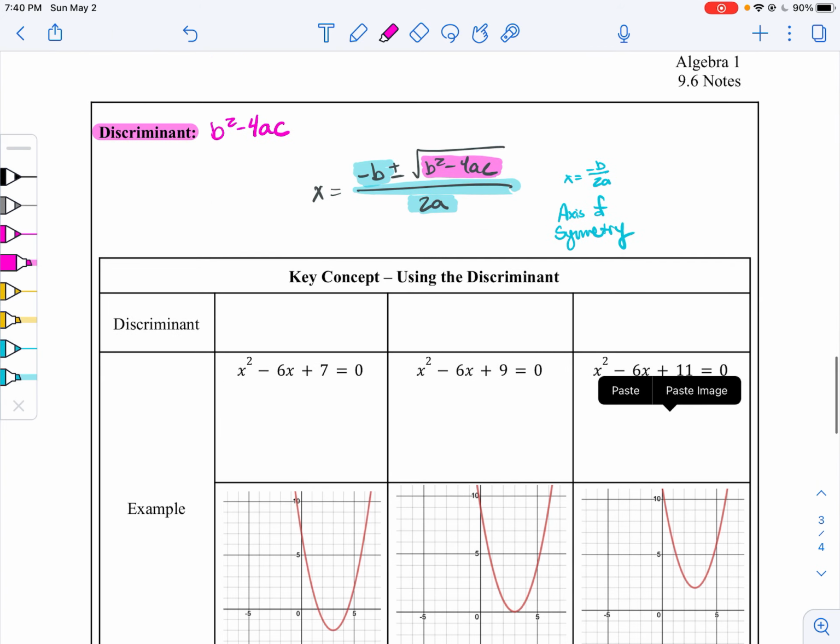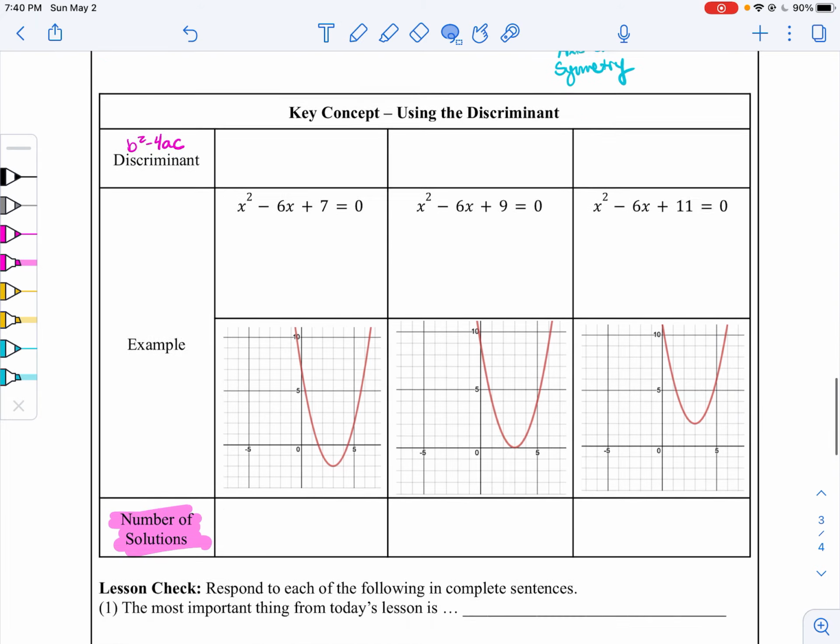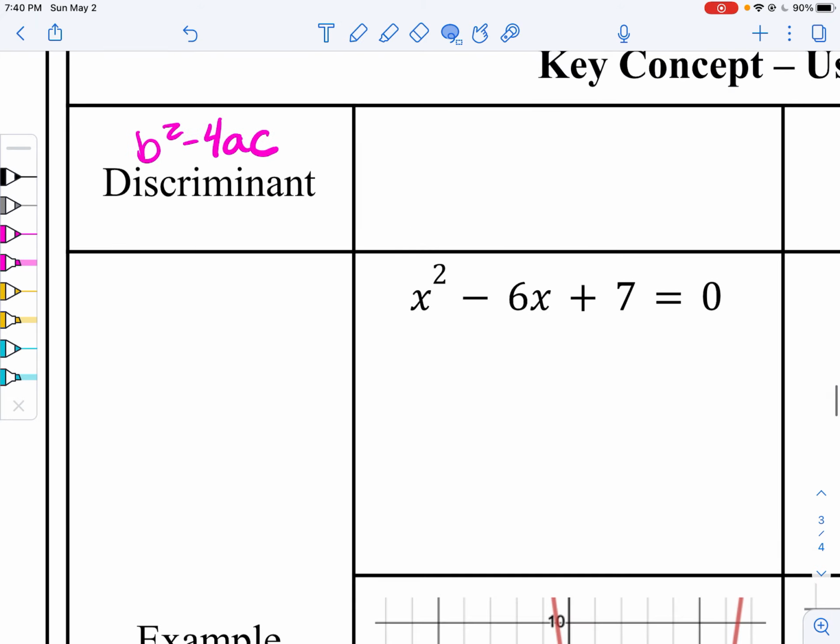Okay. So in each of these, we're going to figure out what is the discriminant and then how many solutions do we have. Okay. So here, our discriminant is, b here, a, I didn't have enough colors, and c is our last term.